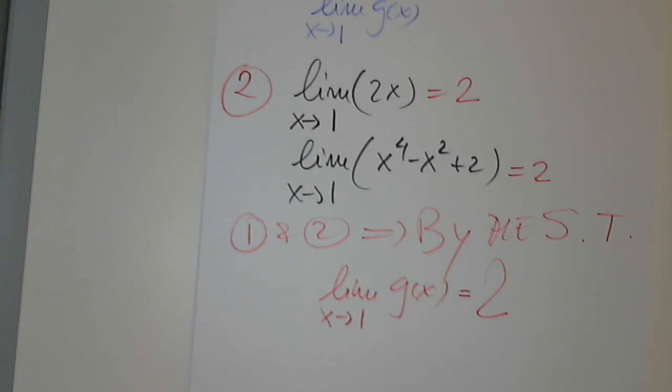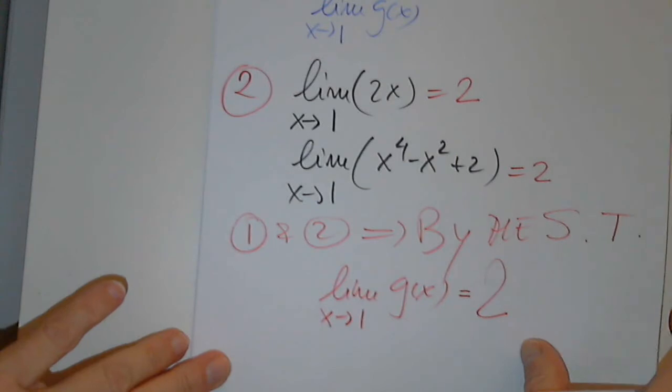If the function is squeezed between 2x and that x to the fourth and so on, and the limit of both is 2, then the limit of the squeezed function must be 2. Okay, one more example here. Let's look at, yes, 39.